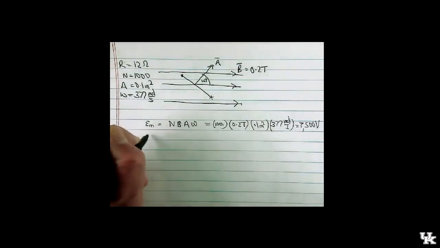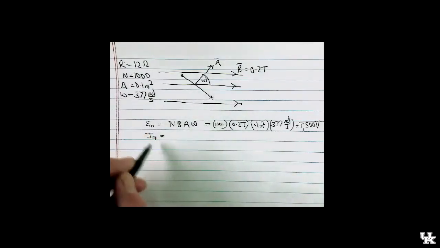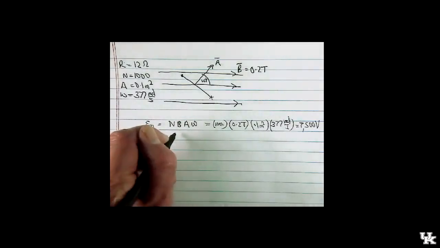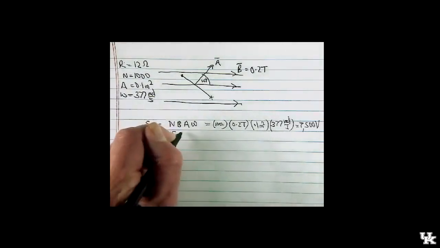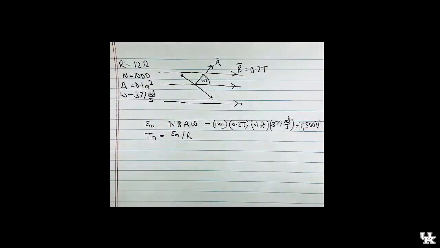Okay. The other part of the question was, what is the maximum induced current? So I for current, subscript m for maximum. We can just use Ohm's law for that. The maximum current is the maximum voltage, the induced EMF maximum, divided by the resistance. This is Ohm's law, V equals IR.